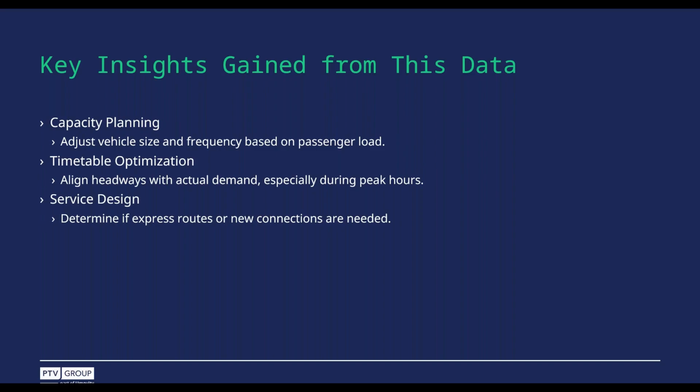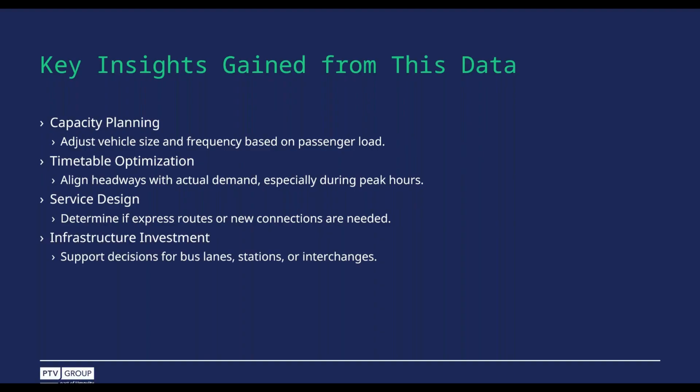Service designing, if you determine to define the express routes or new connections, it's also very useful to have this information. If you want to have, again, I told you, the infrastructure investment, like extra lanes or changing the stations interchange is also good information. And at the end, you can have performance monitoring, seeing that you can compare the actual ridership with the model expectation that you have.